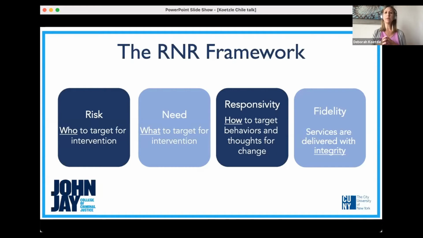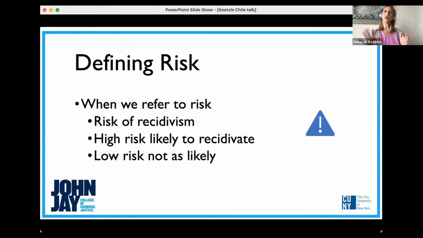The responsivity principle has implications for how we go about providing services. And then finally, fidelity: making sure that it's not just that we have a well-designed program, but also that that program is being delivered with integrity, how it was designed to be. We'll talk about each of those a little bit more.